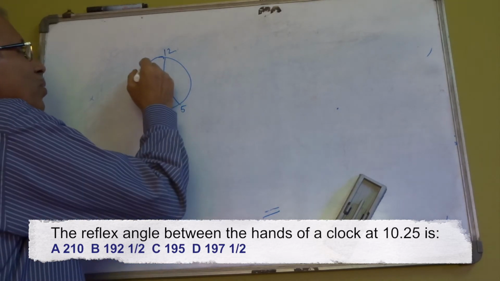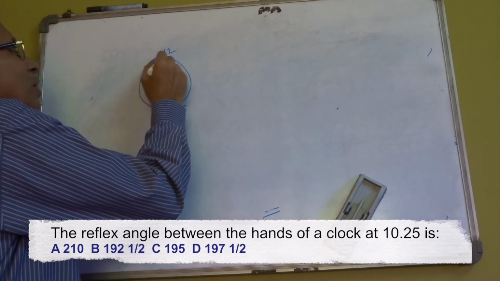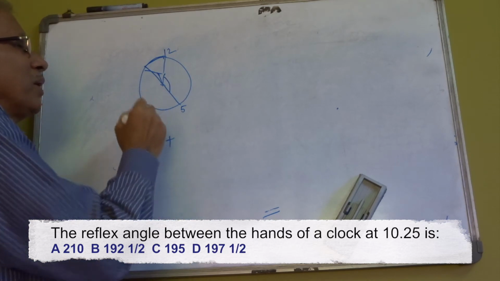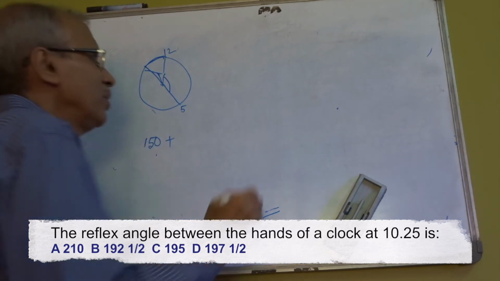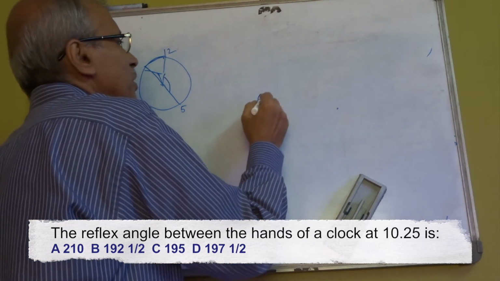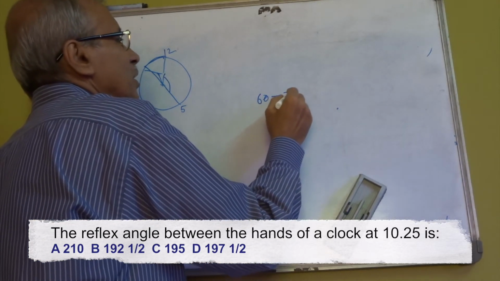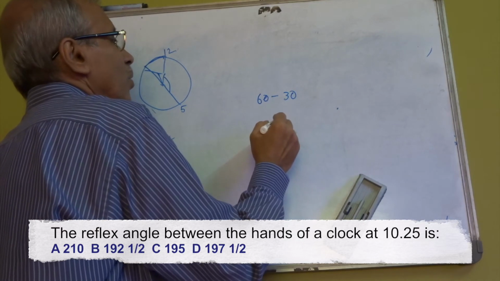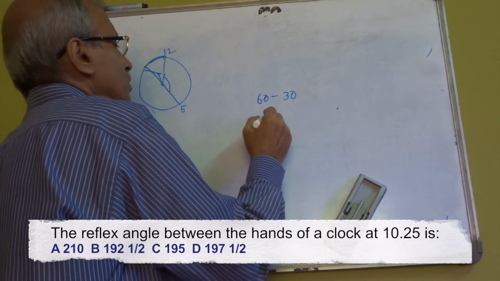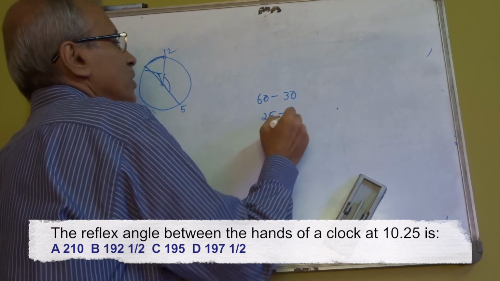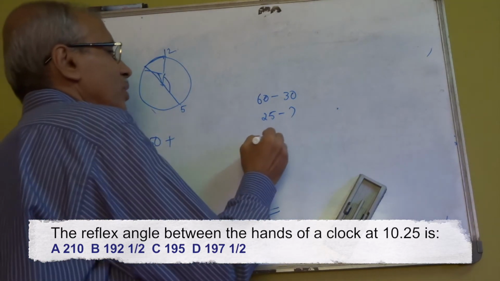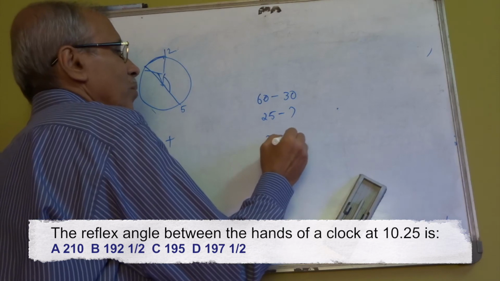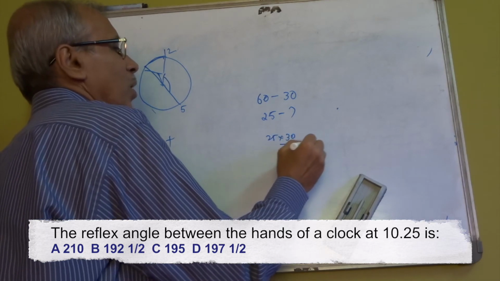Now we have to find out the angle between 10 and 12. But the hour hand is not at 10. It has moved. How much has it moved? Now we have seen in 60 minutes it moves 30 degrees. Here it is only 25 minutes. How much has it moved? 25 into 30 by 60 is 12 and a half.